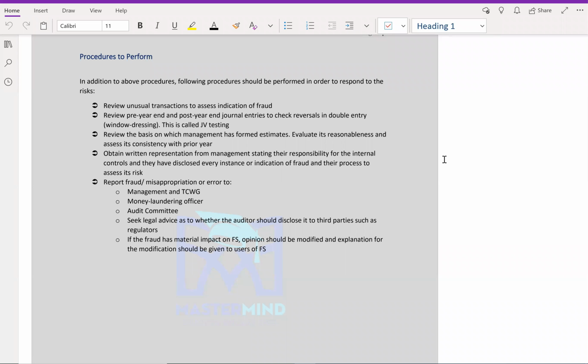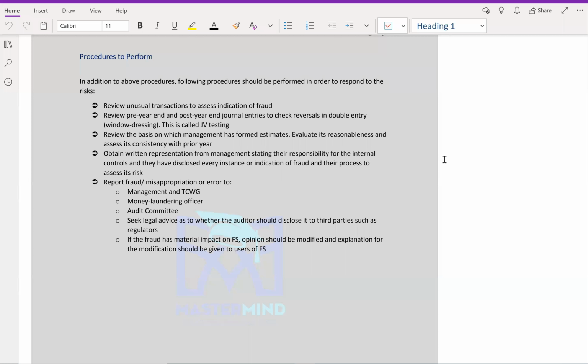Following procedures should be performed in order to respond to the risks. Review unusual transactions to assess indication of fraud. Remember, fraud will have a higher frequency of similar transactions as compared to error. Review pre-year end and post-year end journal entries to check reversals and double entry.